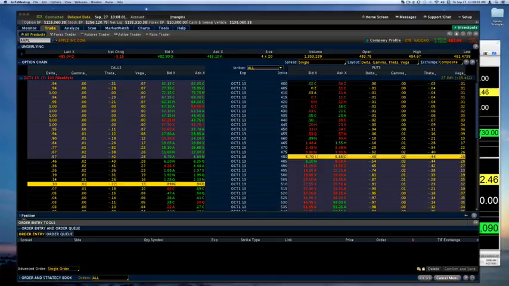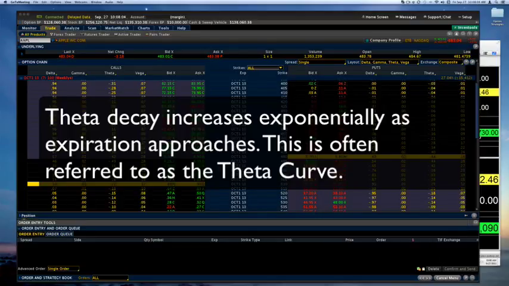You've probably also seen these exponential charts showing that as we get closer to options expiration, the premium decays at an exponential rate.